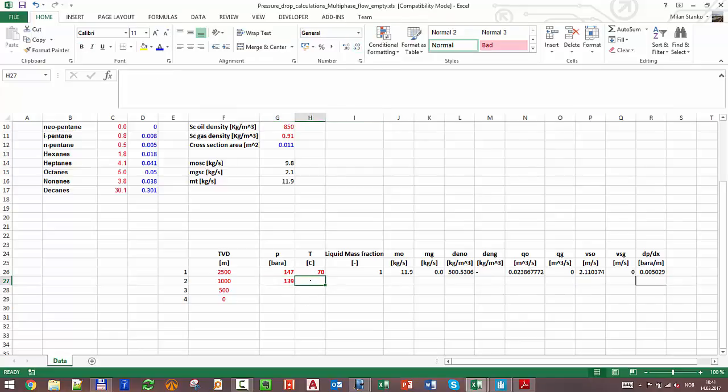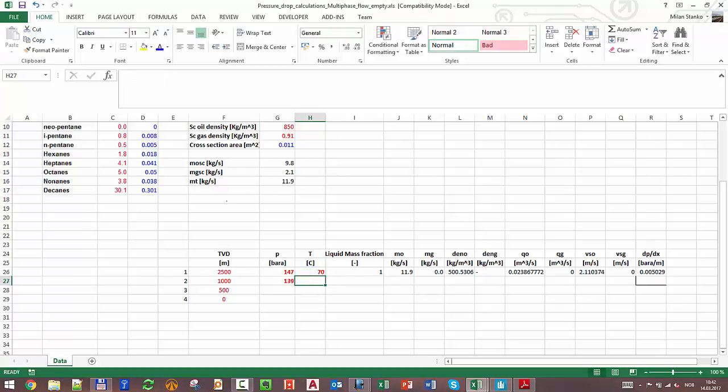And temperature, remember I have to interpolate, so one way to interpolate is just linear interpolation. So it will be the temperature here plus the slope, right? And the slope is 60 minus 70.